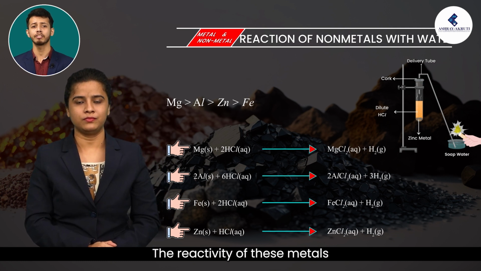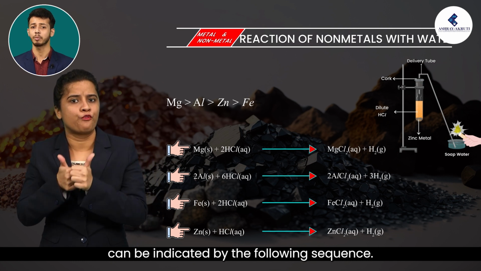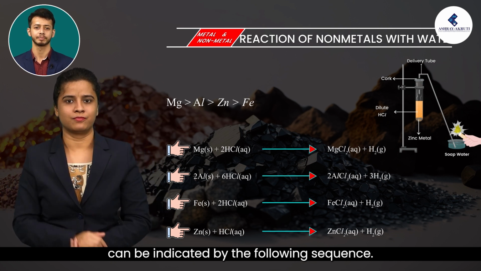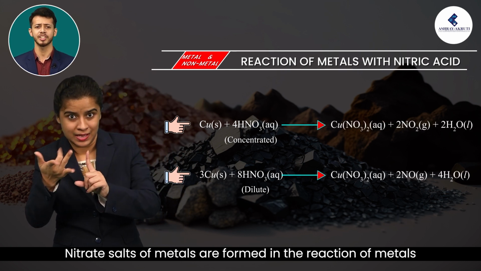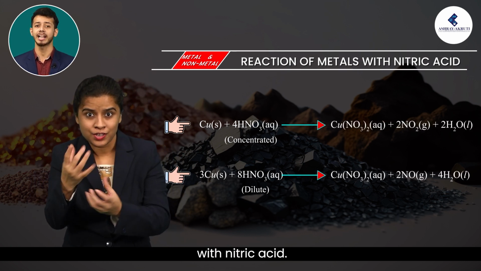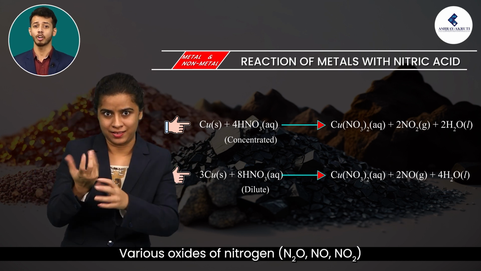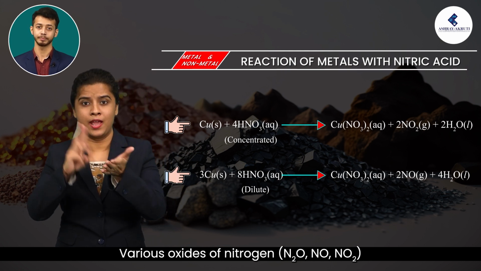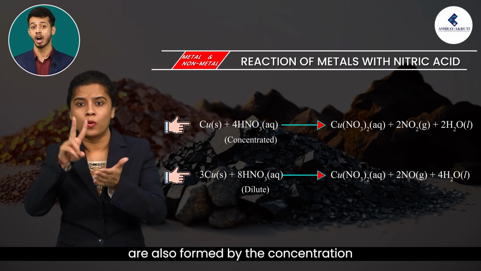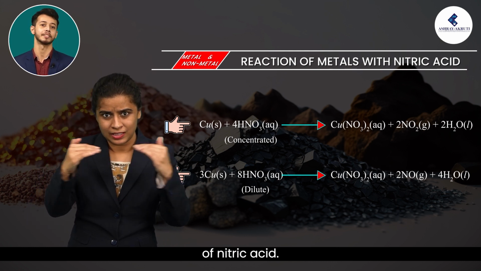The reactivity of these metals can be indicated by the following sequence. Nitrate salts of metals are formed in the reaction of metals with nitric acid. Various oxides of nitrogen, N2O, NO and NO2, are also formed depending on the concentration of nitric acid.